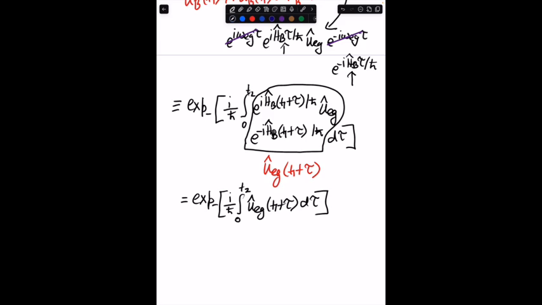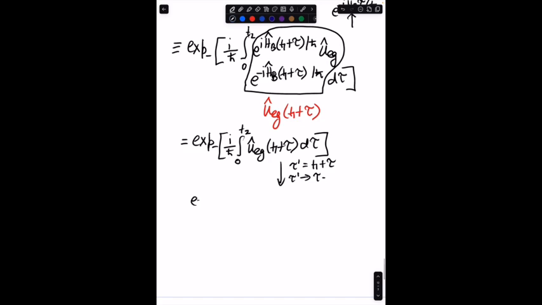So you can just make an integration variable substitution, which is very simple. Just replace τ prime by t1 plus τ, change the variables of integration, then just replace τ prime by τ, right? Because it's just a variable of integration.